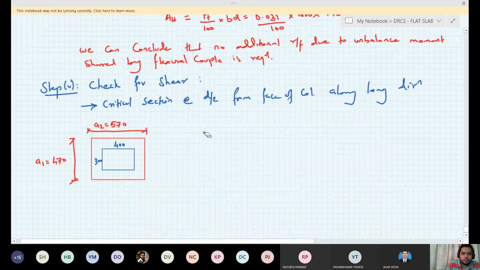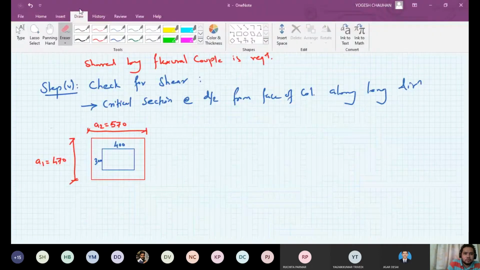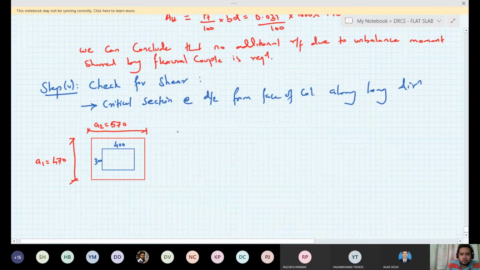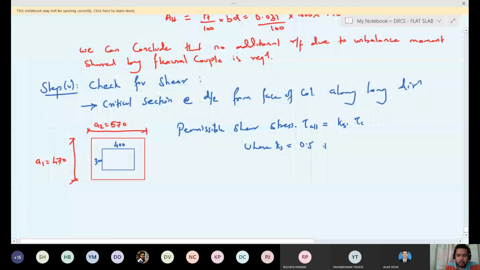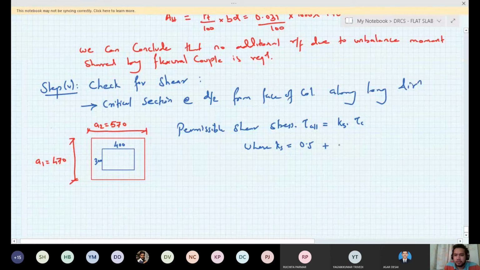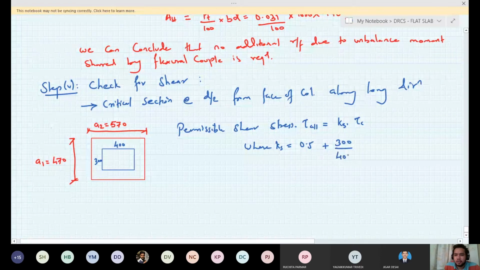permissible shear stress tau allowable is equal to Ks times tau c, where Ks is equal to 0.5 plus short direction by long direction, so that is 300 by 400.